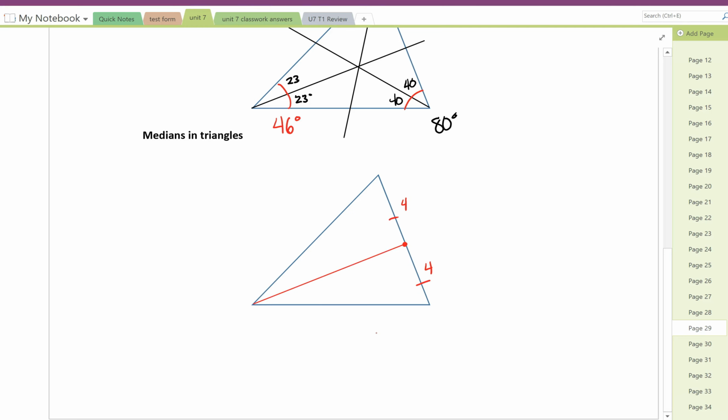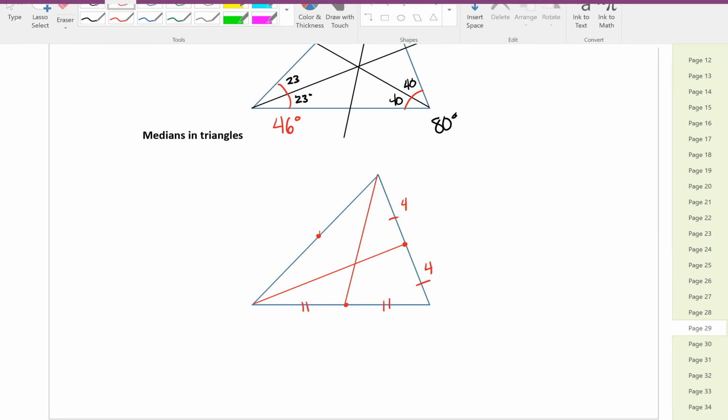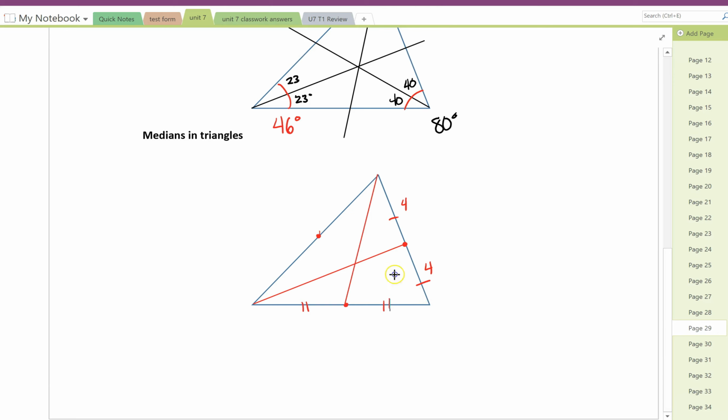And so just like with altitudes and angle bisectors, all triangles have three medians. And this one looks like this. So altitudes, angle bisectors, and medians.